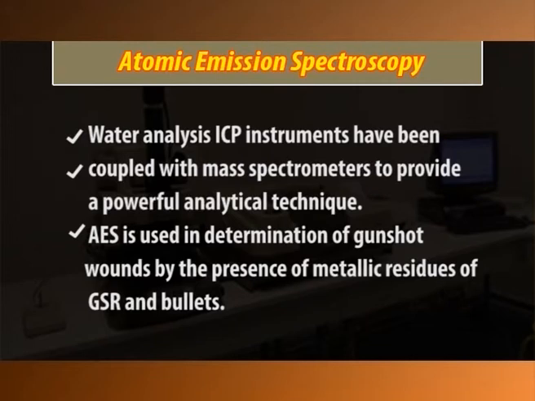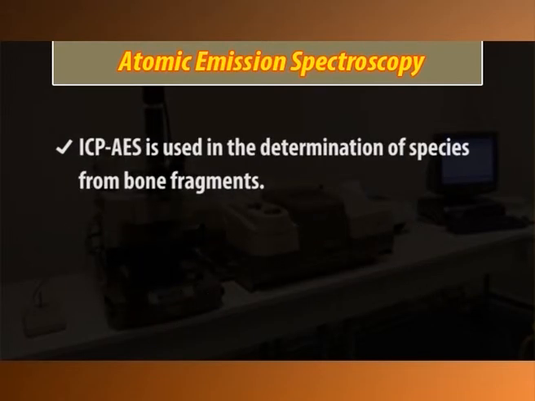ICP instruments have been coupled with mass spectrometers to provide a powerful analytical technique. AES is used in determination of gunshot wounds by the presence of metallic residues of GSR and bullets. ICP AES is used in the determination of species from the bone fragments.